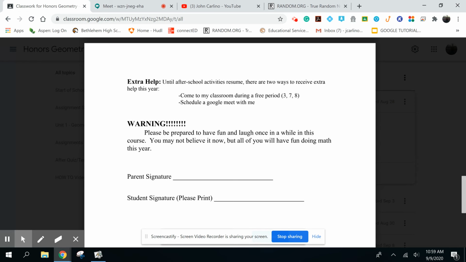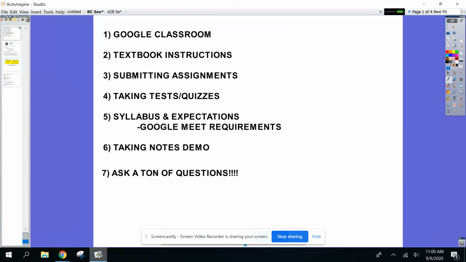It will count towards your overall course grade, and yes, there will be a midterm. As of right now, anyway, we'll see how things go, but at the end of January, after the first semester is over, quarter one and quarter two, there will be a midterm that covers the first half of this course. Good questions. If anything else comes up, let me know.